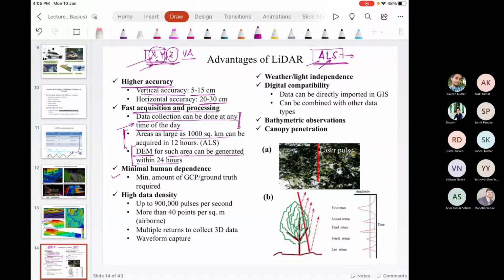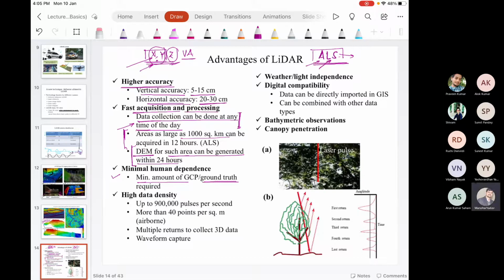For the data refinement, we can say the data processing, we require very few ground control points or ground truth to correct the accuracy in the acquired data. Once you initialize the instrument, it automatically fires the laser beam, hits the target point, and further processing is done to calculate the point coordinate.